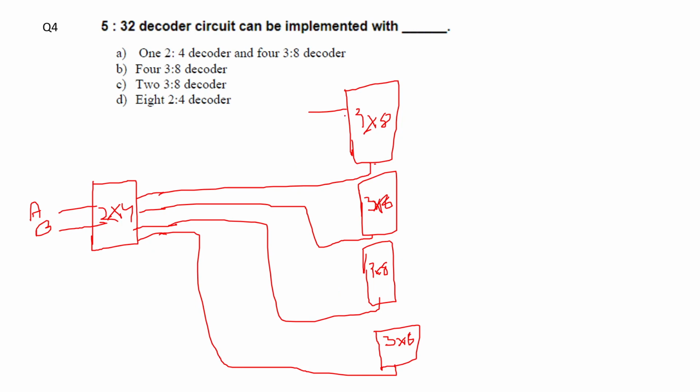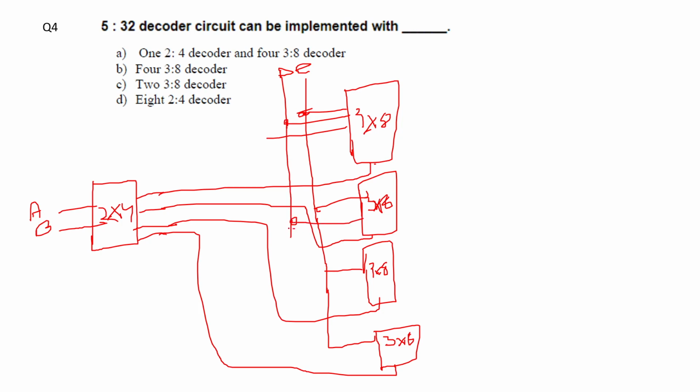Here each 3x8 decoder will have 3 inputs. This will be E, with connections to each of the decoders. Then we have D, with connections to each, and then we have C, with connections to each.